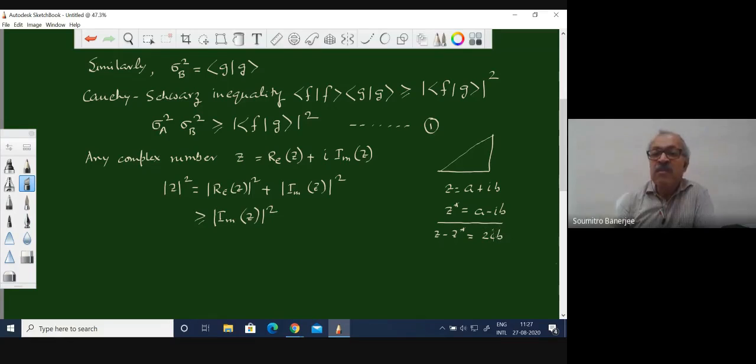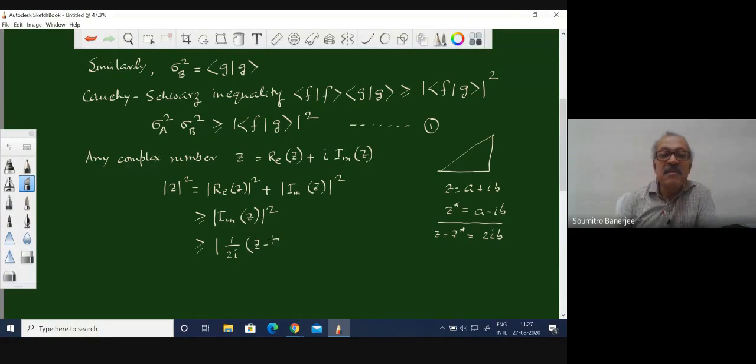And therefore the imaginary part can be written as Z minus Z star divided by twice i. So this can be written then as greater than or equal to the mod square of 1 by twice i times Z minus Z star.